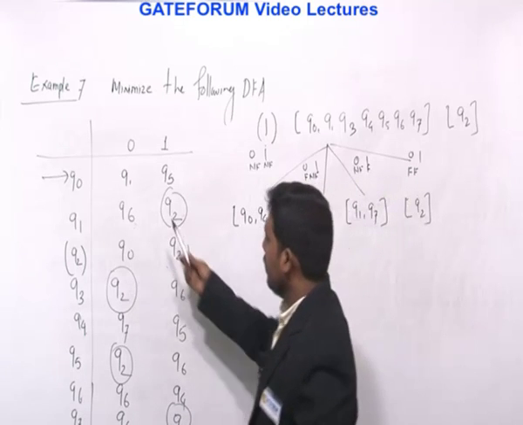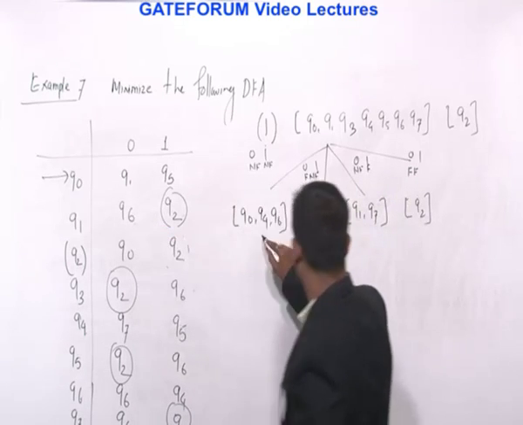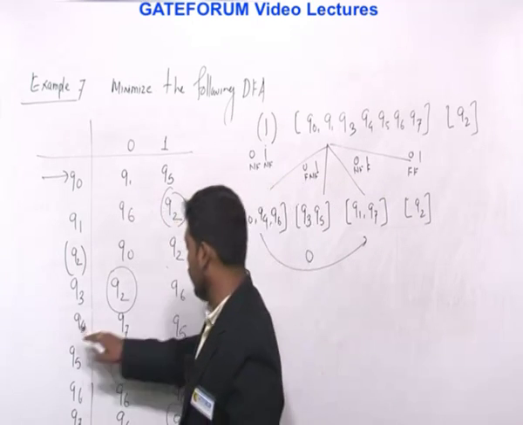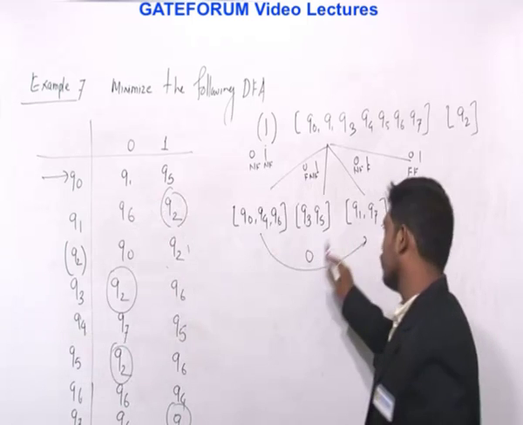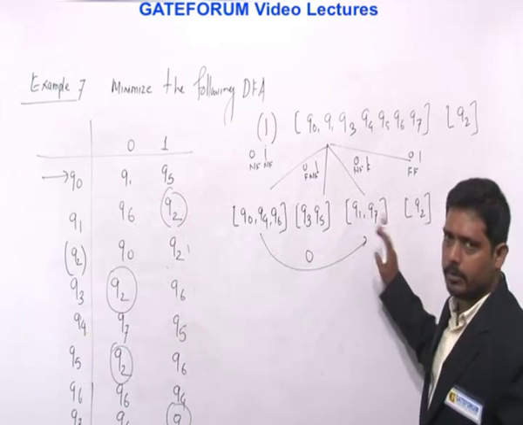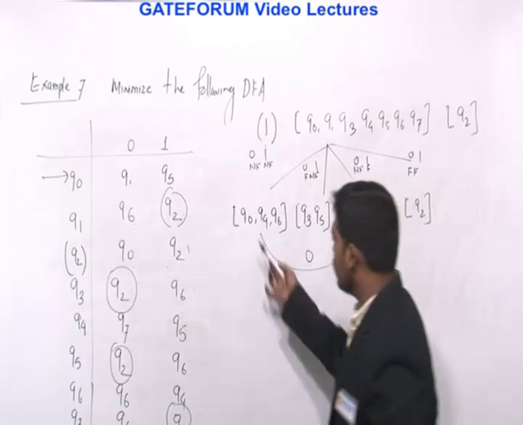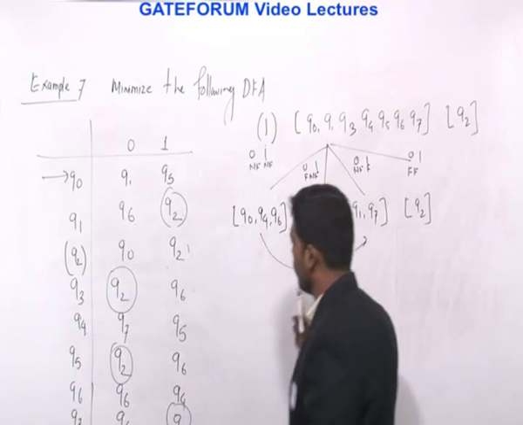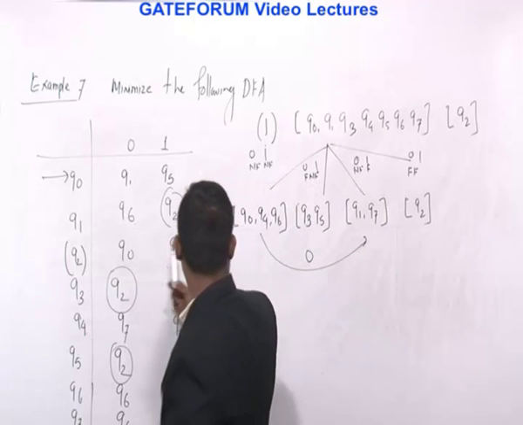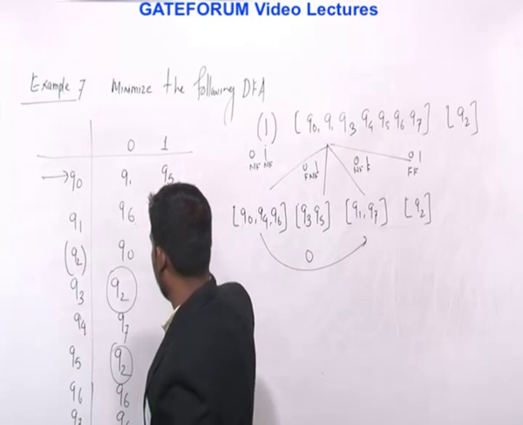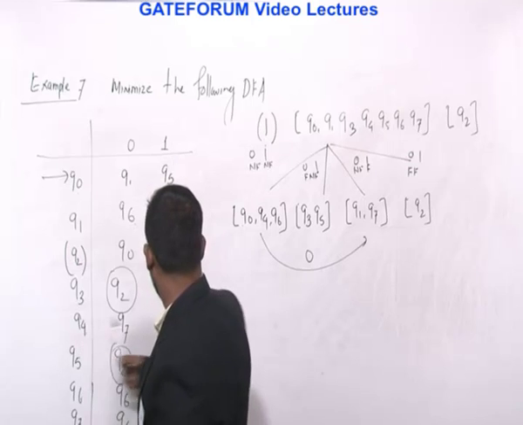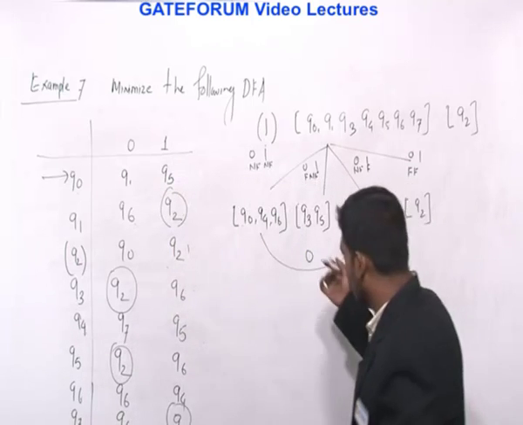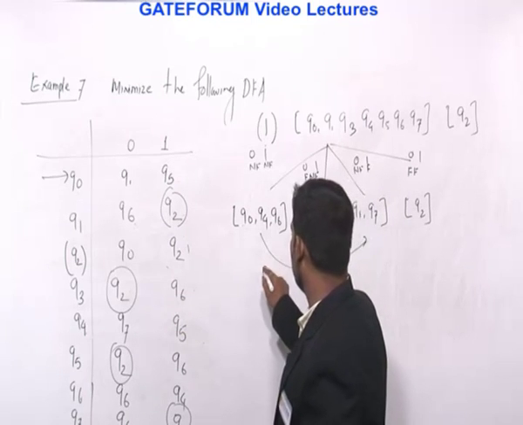Then 0 and 4: on input 0 it is Q1, and 4 goes to Q7, so Q1 and Q7 are combined behavior. So I cannot differentiate between 0 and 4 based on the behavior of 0. On input 1, Q0 goes to Q5 and Q4 on input 1 is also Q5. Same behavior.